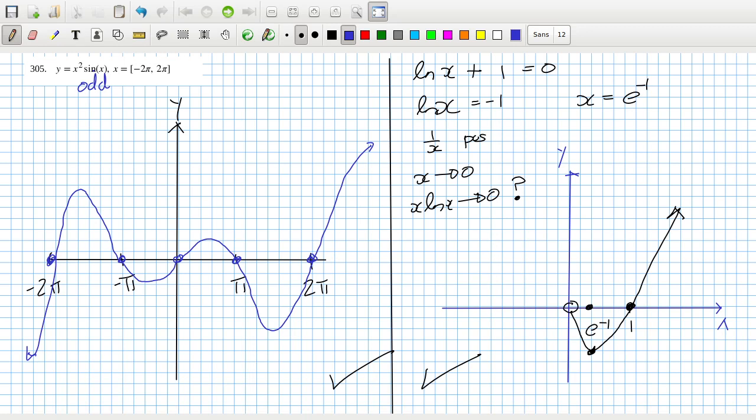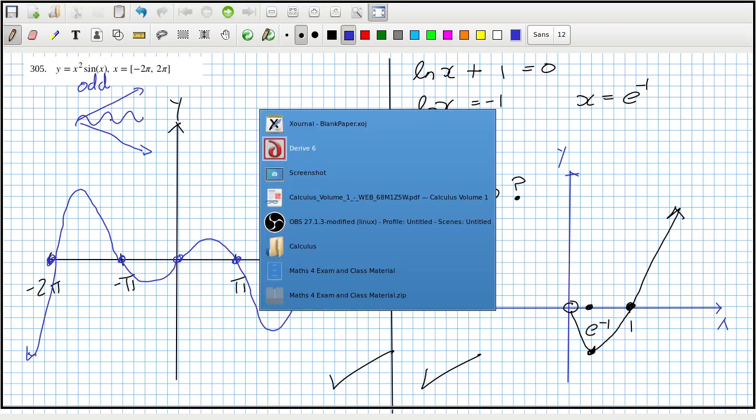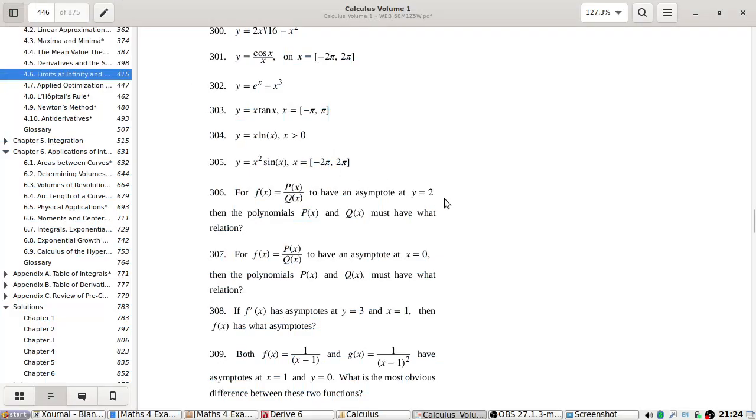So basically, the sine x is the usual situation, and the x squared amplifies it as you move out. So it's like the amplitude is growing quadratically, to the power 2. Yeah, okay, that's all right.